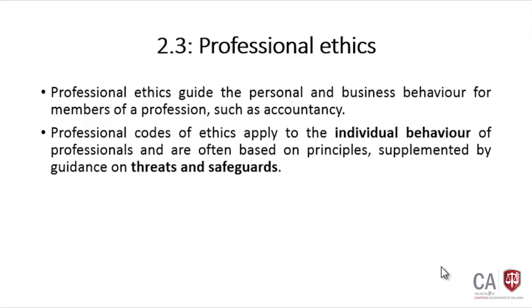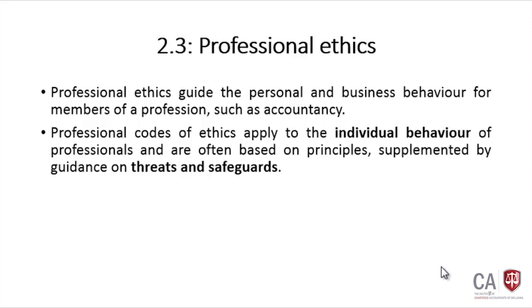Normally professional codes of ethics apply to the individual behavior of professionals, and are often based on principles supplemented by guidance on threats and safeguards. It tells what should be adhered to by you and what areas give some threat to your profession, and how you can safeguard yourself in those circumstances, right.